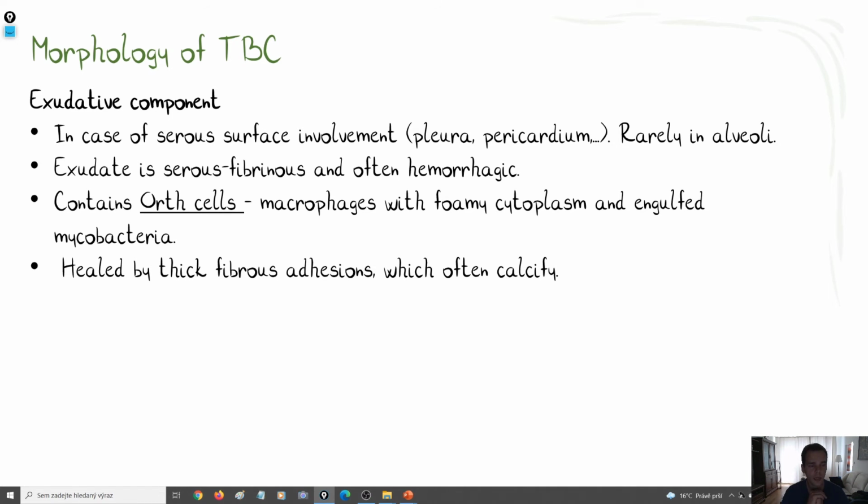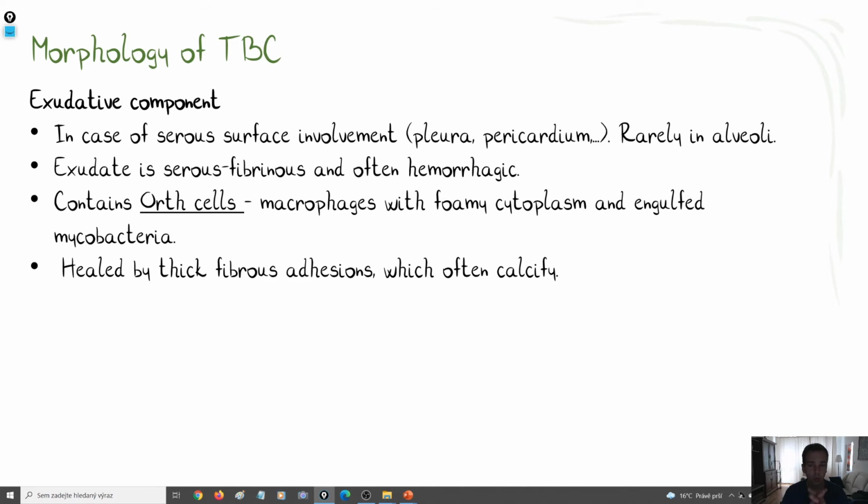Histologically, the exudate has a serous fibrinous appearance, so there's a lot of fibrin, and it's often hemorrhagic. And it's good to keep in mind because if you see a patient with a hemorrhagic exudate, especially hemorrhagic pleural exudate, you should always consider two things. Well, first of all, you should exclude bleeding, that it's not just blood, but hemorrhagic exudate.